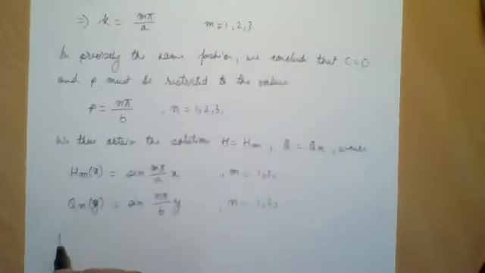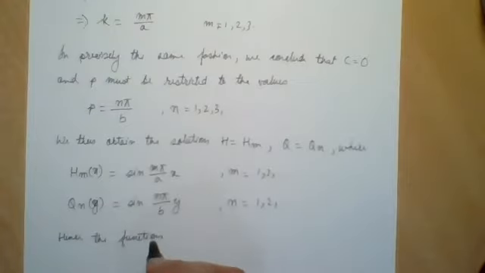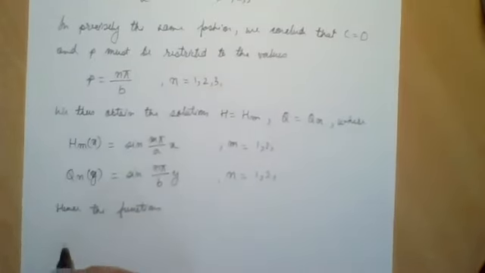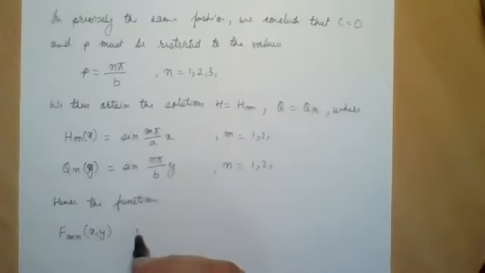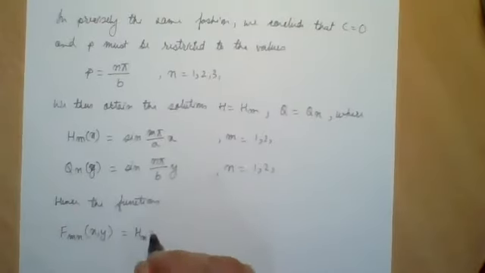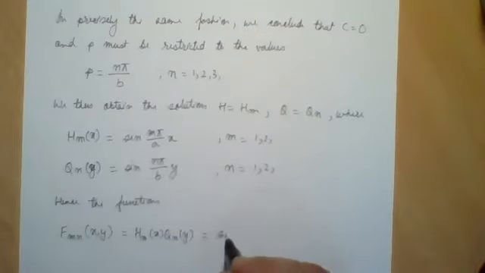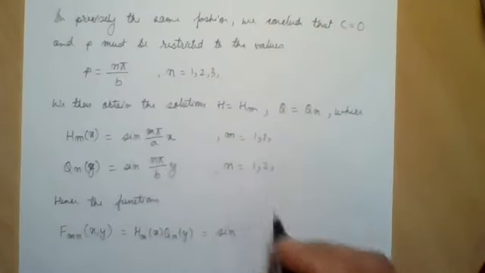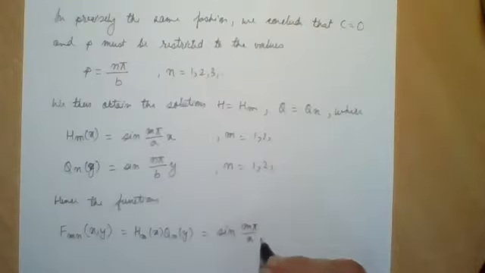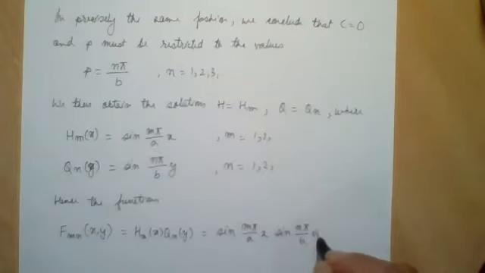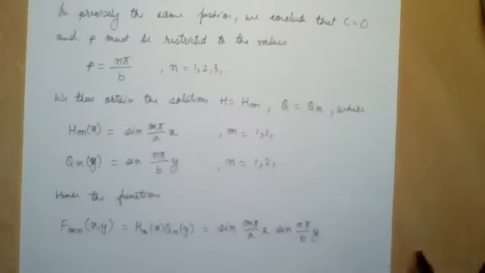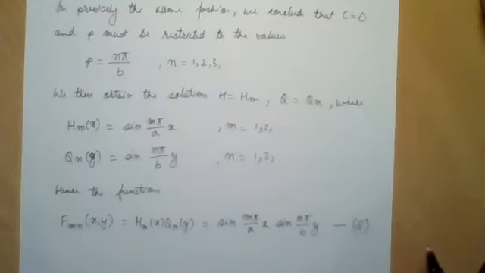Hence the functions fmn(x, y) equal to hm(x) qn(y) is equal to sine m pi by a x multiplied by sine n pi by b y, where m goes from 1, 2, 3 and so on, and n goes from 1, 2, 3 and so on. We call this equation number 8.